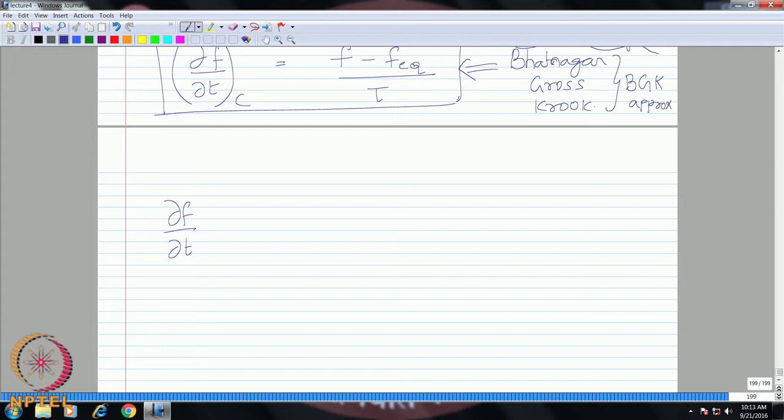In that case you have the time rate of change of the distribution function on the left hand side, and on the right hand side you have the BGK approximation.